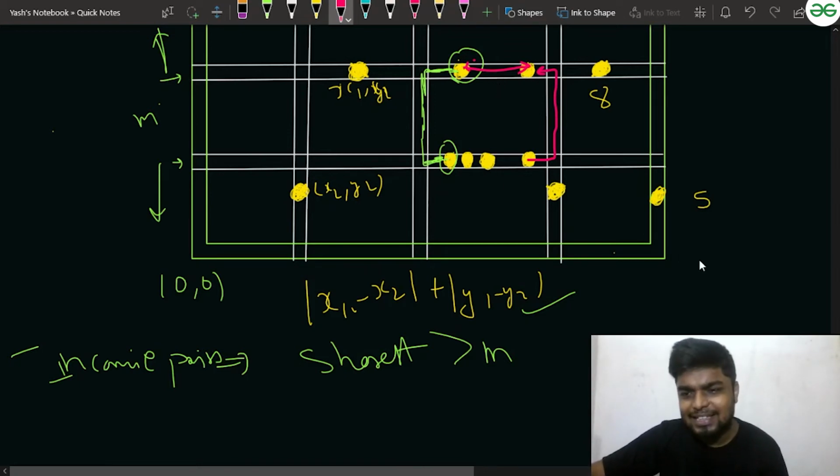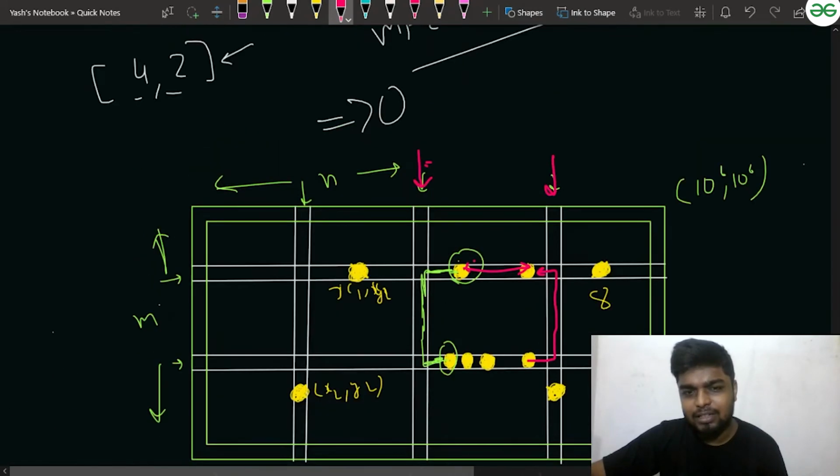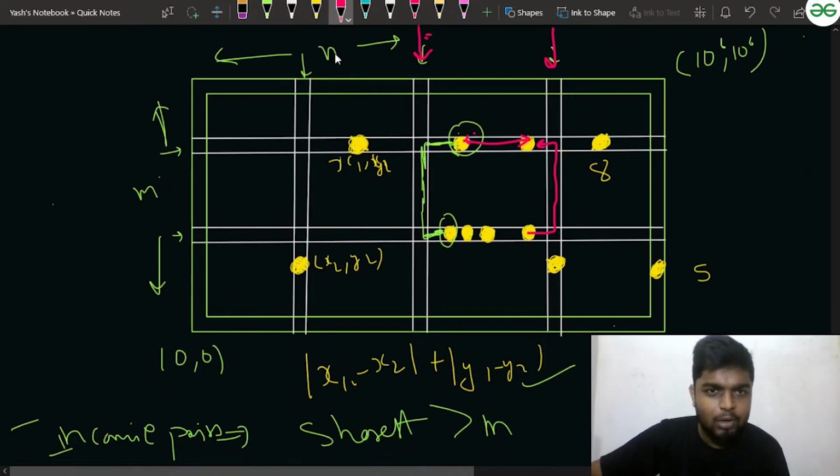So you can see that if you want a person to be at a distance more than that, like for this and this case, the shortest distance between these two will be from here to here, right? So you can see that this is greater than the Manhattan distance between both of them. So this is what the question demands.